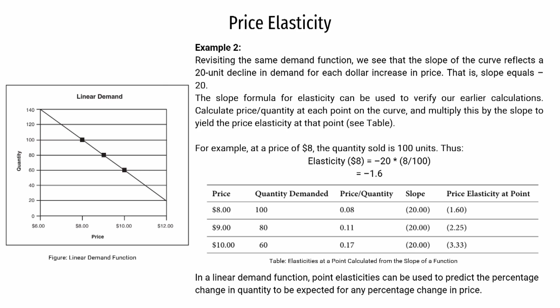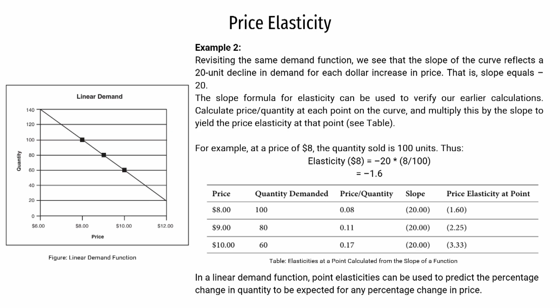The slope formula for elasticity can be used to verify our earlier calculations. What we have to do in order to verify that? We have to calculate the price to quantity ratio at each point on the line and multiply this by the slope to yield the price elasticity at that particular point. So, for example, at price $8, the quantity sold was 100 units.